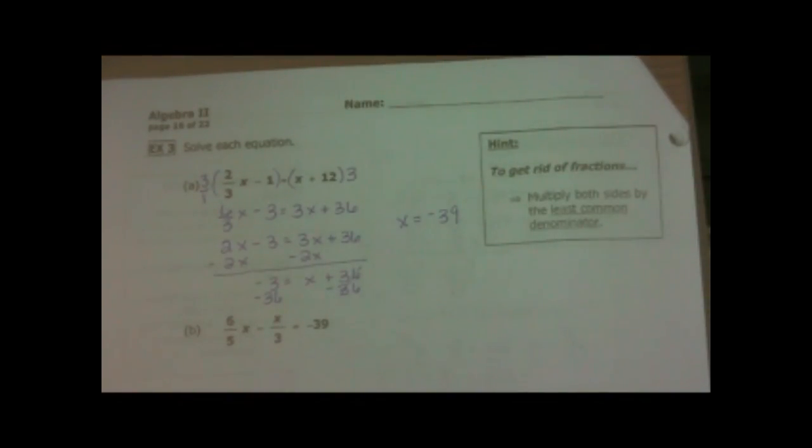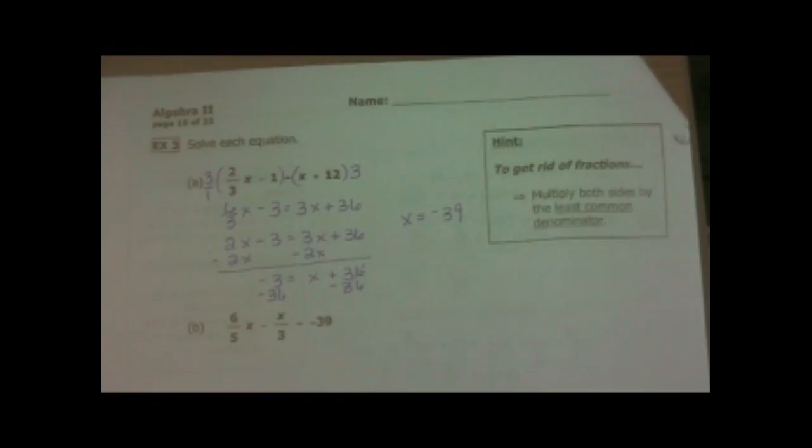Let's do another one. Now this one has 2 fractions. So this time we've got to find what is our lowest common denominator between a 5 and a 3. 15. That's what we're going to multiply on both sides. So over here you've got a plus or a minus.